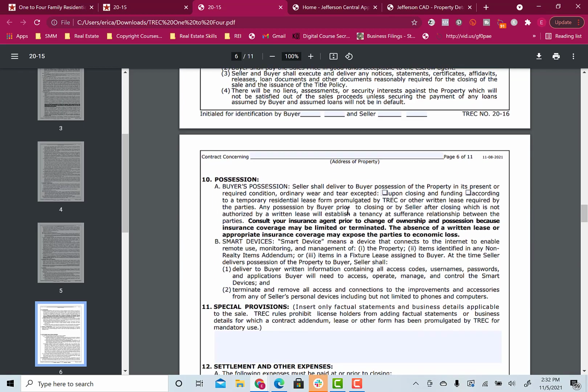Now, this talks about when the buyer actually is planning to take possession. That would be upon closing and funding. Most of the time, there can be a residential lease or a temporary lease back. That is atypical for most of the transactions an investor is doing, because they want the sellers out of the house so they can do the updates and everything they need to do.